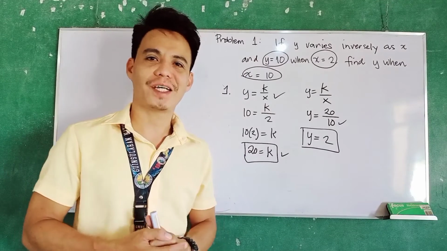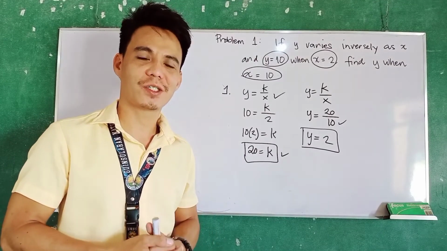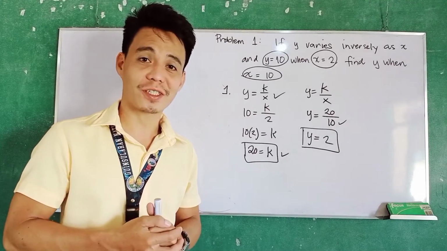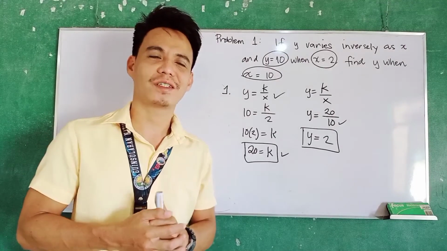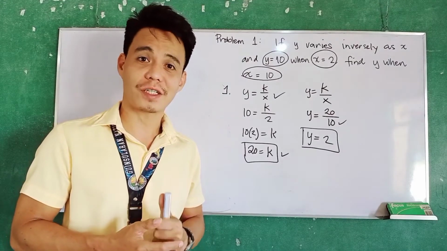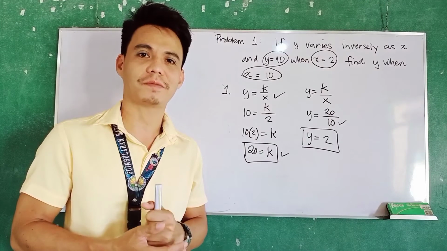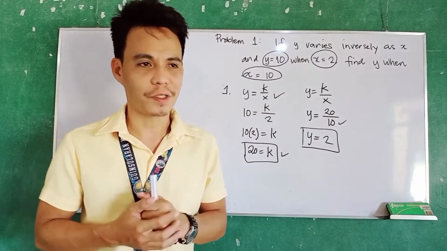I hope you guys understand our lesson today. So any questions? So since there is no question, I have to ask you a question. So how can we differentiate inverse variation from a direct variation? Very good.